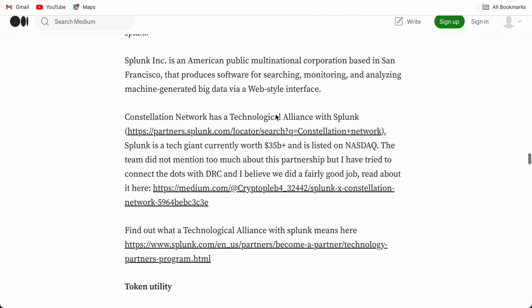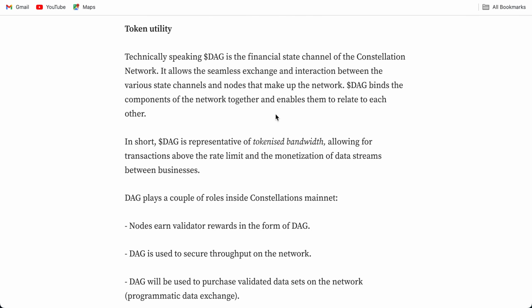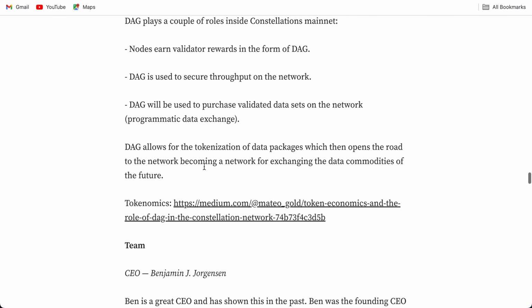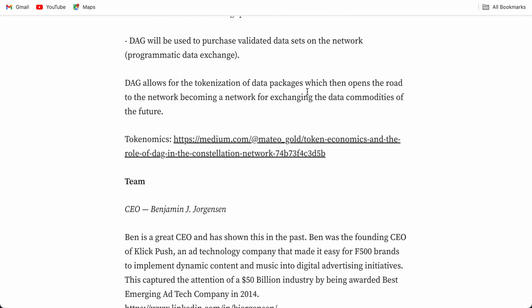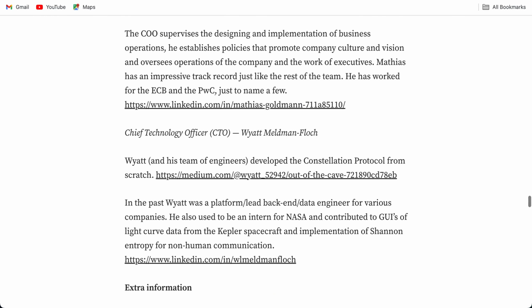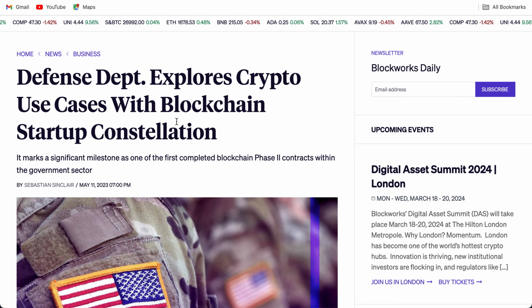It is truly undervalued. It is truly underrated, and there is a subtle FUD also going on in the DAG community as well, but the fundamentals are truly strong. It is revolutionizing how we have imagined data.